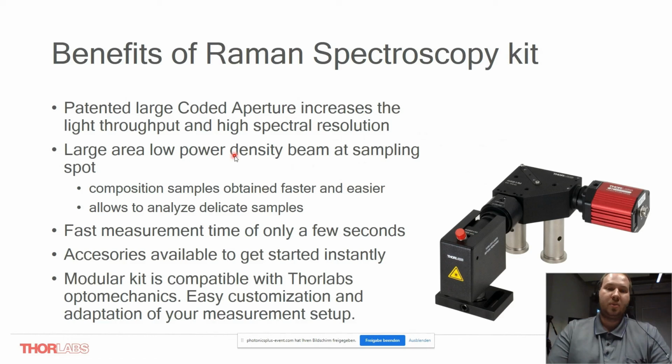And it also allows you to analyze delicate samples because the lower power density is a lot less harmful to them. You get your spectra in a few seconds usually, and we have all the accessories available to get started instantly. The kit is also modular, so it is compatible with all our standard THORLABS optomechanics, so you can easily customize and adapt the setup to your individual needs.